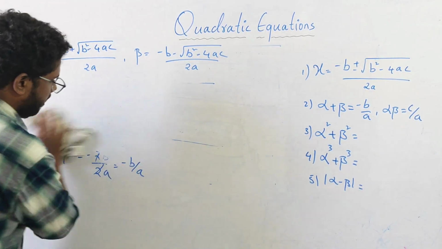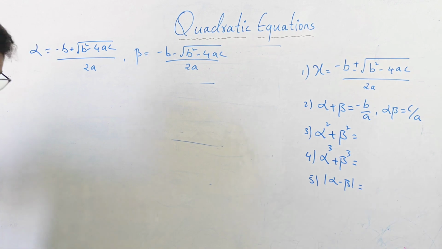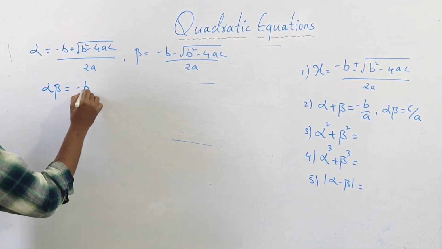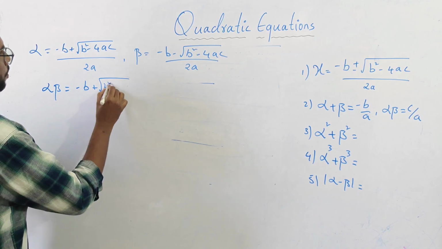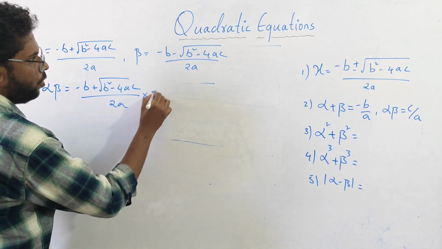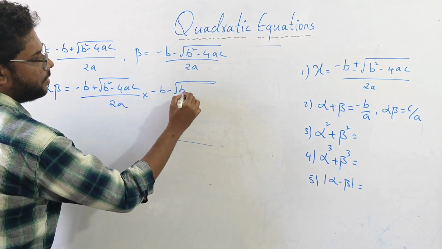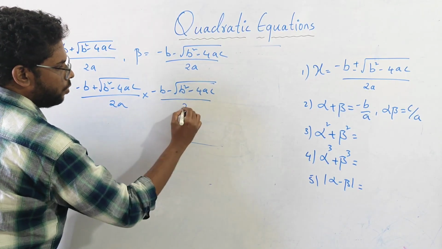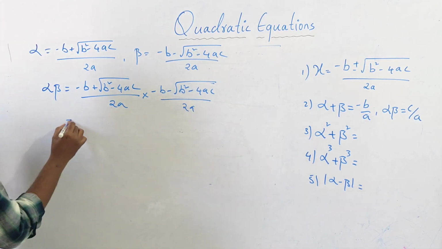Now if I multiply these two, what do I get? Alpha beta equals minus b plus under root b square minus 4ac by 2a, into minus b minus under root b square minus 4ac by 2a. Now multiply, what do you get?